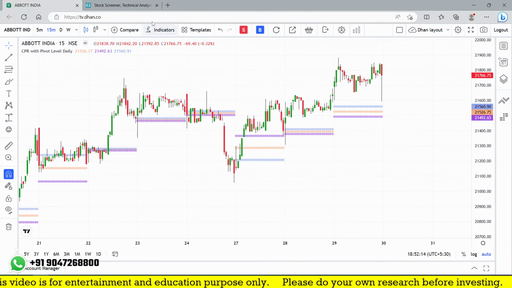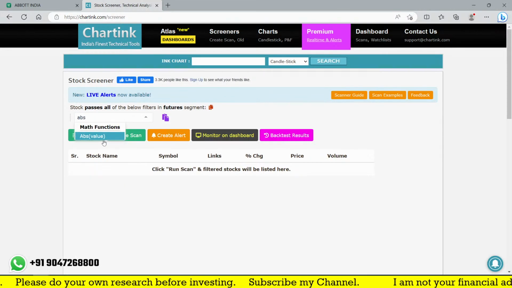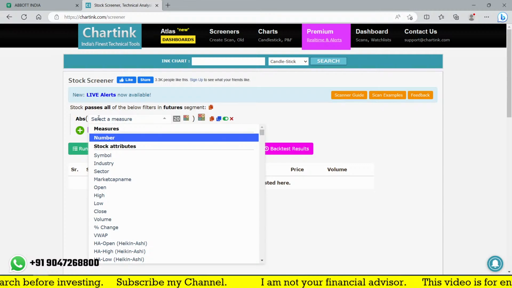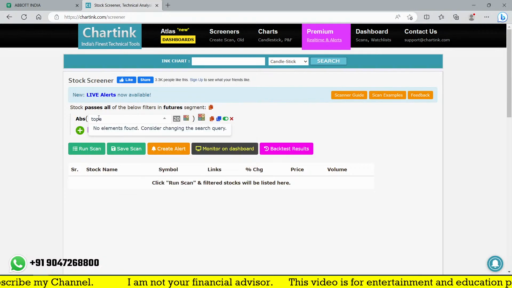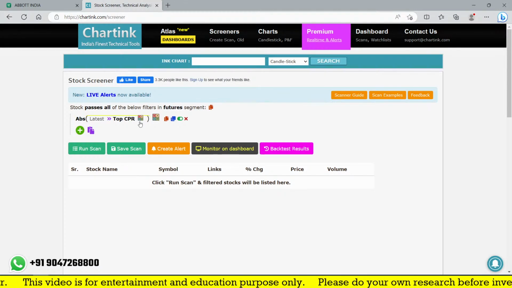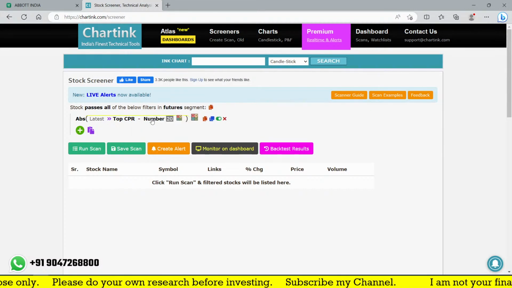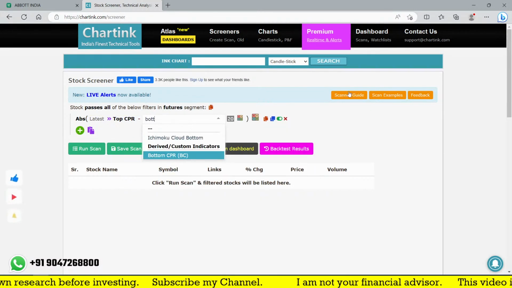Chartink scanner. Okay, simply I go to conditions. So ABS is the max condition formula. Here, top CPR. You don't have a top CPR, it is a derived or custom indicator. Top CPR minus bottom CPR.